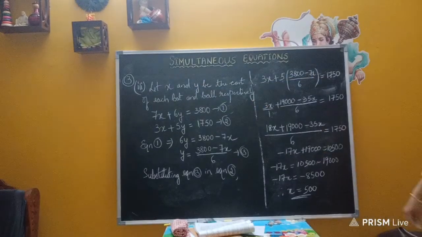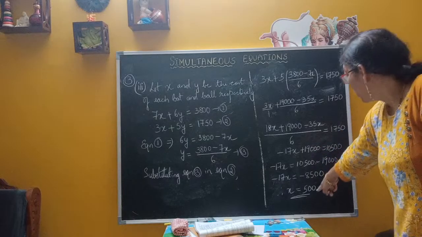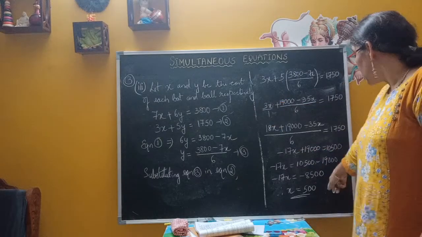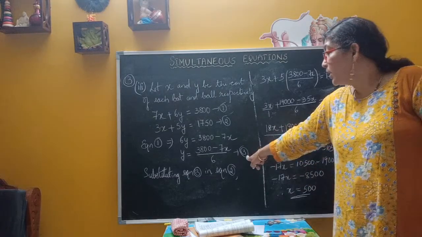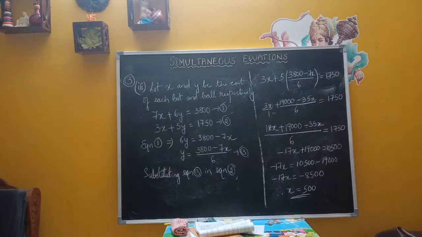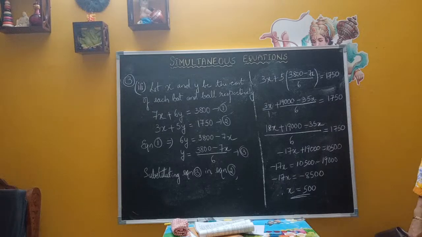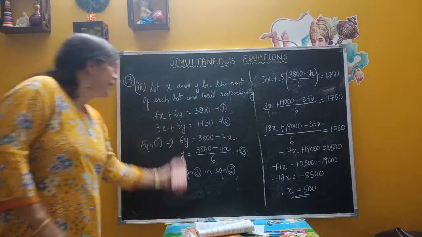Value of x. What to do next? In the next step, we need to substitute this value in one of the equations to get the y value. Or you can substitute this value in equation 3 and you get the direct answer. Let us do that now. I'll erase this part.